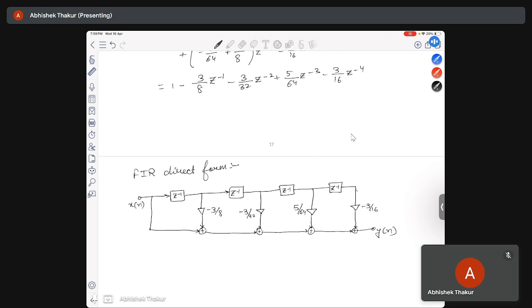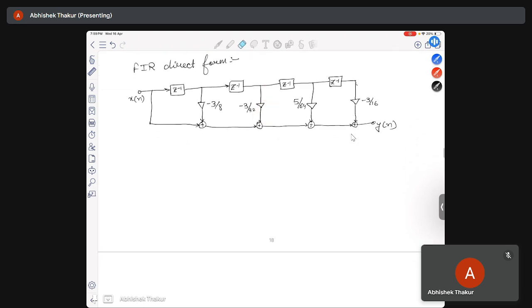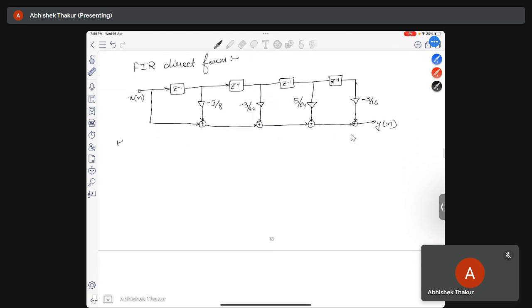Now for cascade realization, we will take H(z) the same way how it was given: 1 - 1/4 z^-1 + 3/8 z^-2 and 1 - 1/8 z^-1 - 1/2 z^-2.